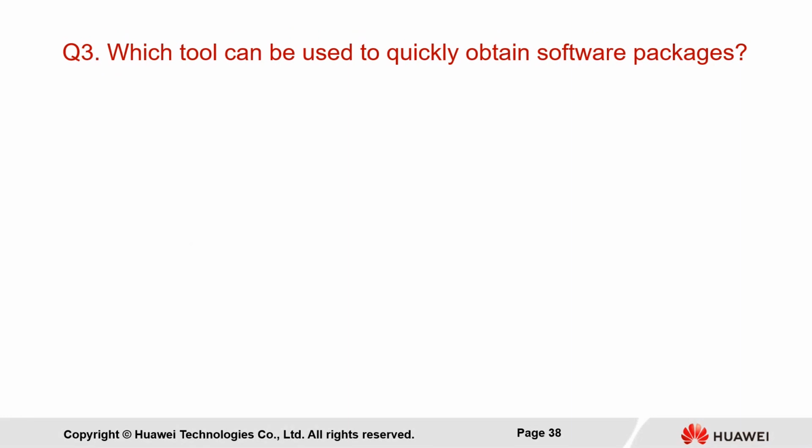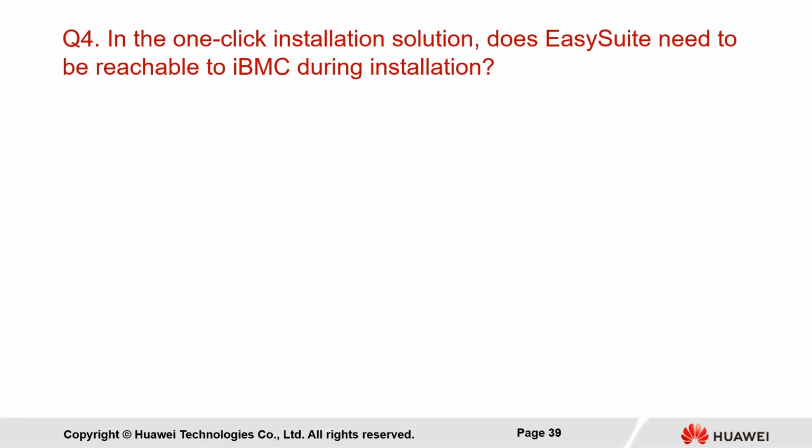Oh, and the third question, which tool can be used to quickly obtain the software packages? Obviously, EasyGet. And in the 1 click installation solution, does EasySwitch need to be reachable to iBMC during installation? Anyone still remember? So the keywords here are EasySwitch and iBMC.